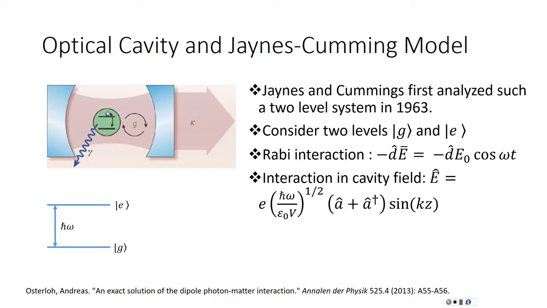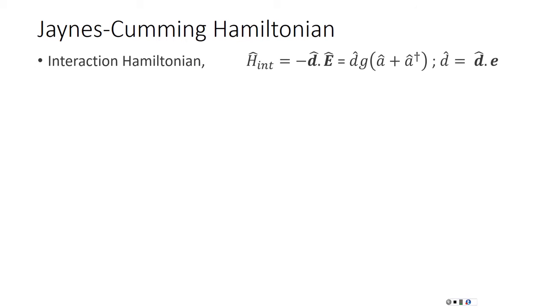But in the Jaynes-Cummings model, they consider it as a photon interaction, not as a continuous wave function. That's why they define the interaction cavity field E with this formula. Here there is an annihilation and creation operator to make a photon and absorb a photon.